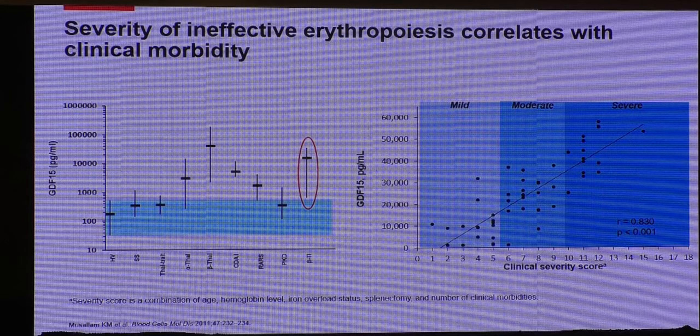At that time, at least when we did the study, it was GDF15, growth differentiation factor 15, which is known to be elevated in states of ineffective erythropoiesis, but also in some other diseases, in heart failure and colon cancer. And we found a very strong correlation, the R of the correlation was 0.8, which was a bit shocking, between the levels of this GDF15 and what we called at the time the clinical severity score, which was mainly an addition of the number of complications that the patients had.